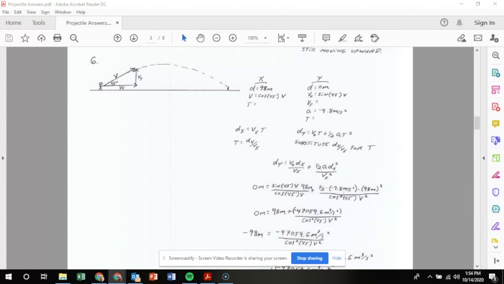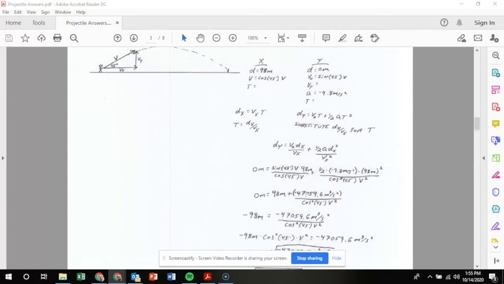Plus 1/2 acceleration, which is negative 9.8 meters per second squared, times d in the X, which is 98 squared, divided by v in the X, which is cosine of 45. That has to get squared, and v also gets squared. They both get squared when you have a square for this vx here. This is going to simplify a little bit.